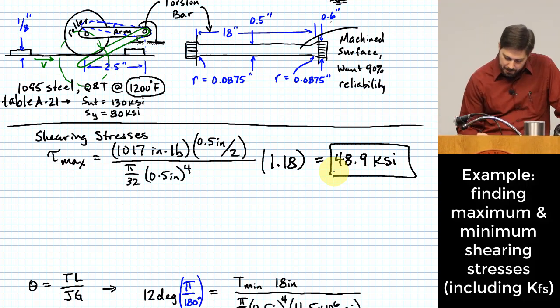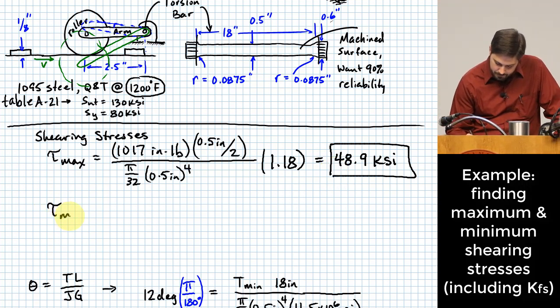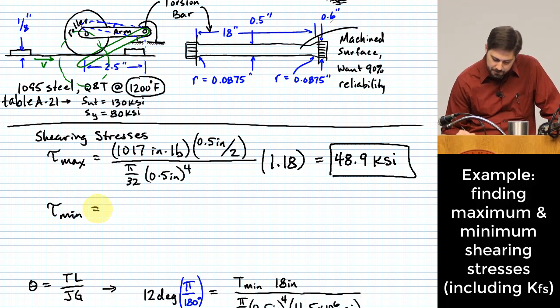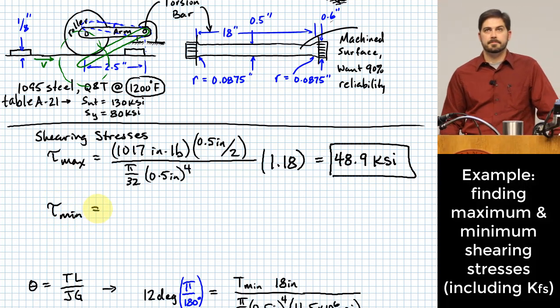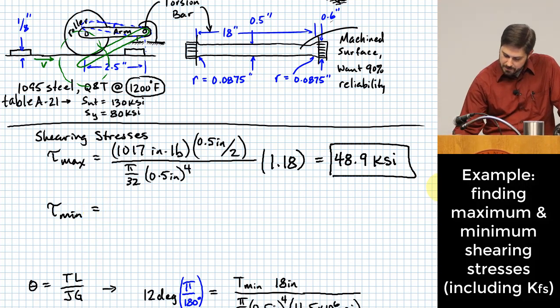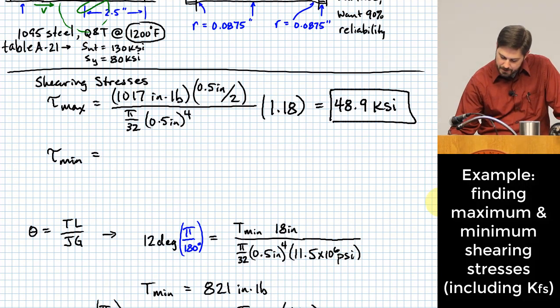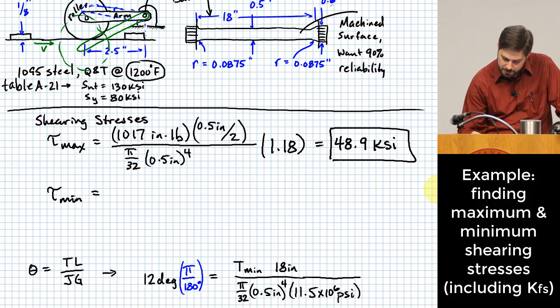All right, what's my minimum stress? Again, this is accounting for stress concentration. Same thing, the only thing I change is I go down to my minimum torque of 821.